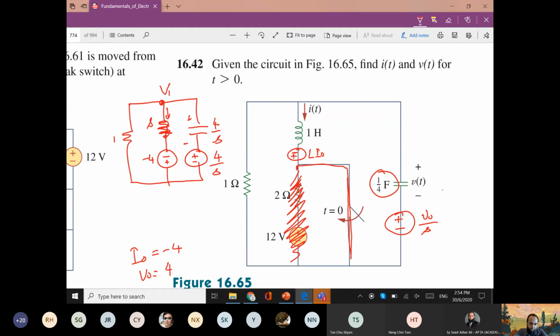We can find everything. Can we apply node analysis here? It will be very simple. Can I write equation somewhere?